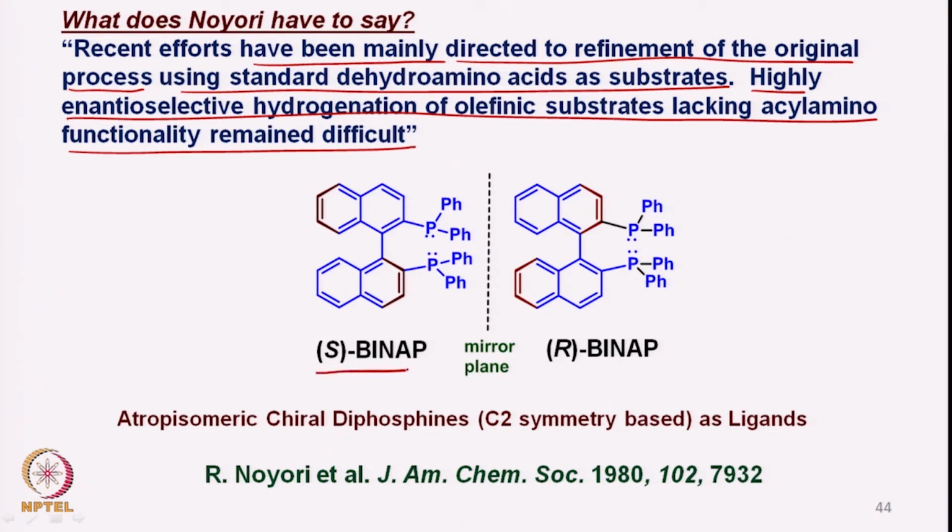During the process he introduced S-BINAP and R-BINAP as two atropisomer based chiral diphosphine ligands, and of course they are C2 symmetry based ligands, and these were introduced by Noyori in 1980, for which he did a lot of work to get highly enantiomerically pure different types of molecules.